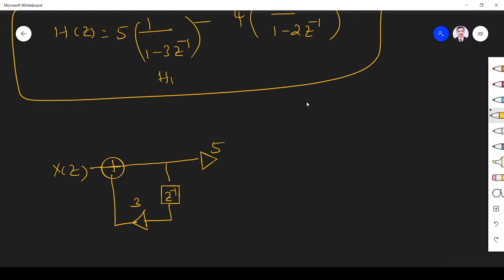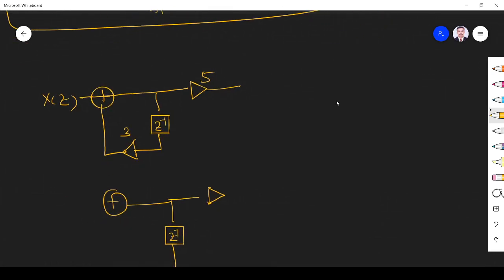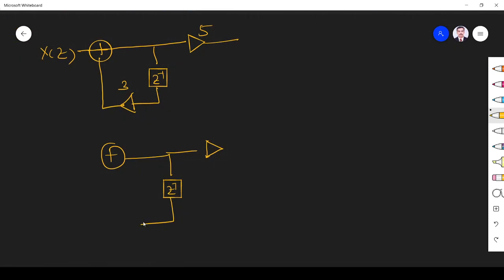Next H2 is minus 4 by 1 minus 2z inverse. So we have to draw the multiplication factor 2 with z inverse.